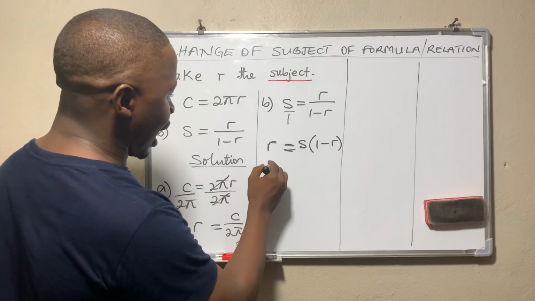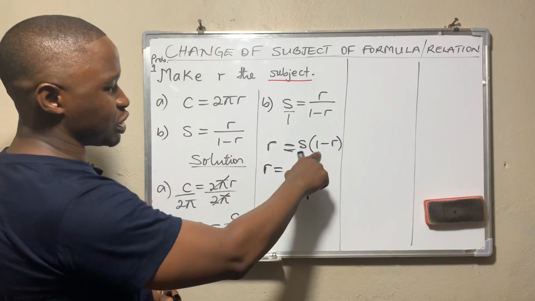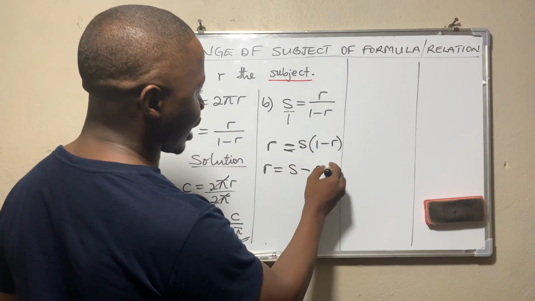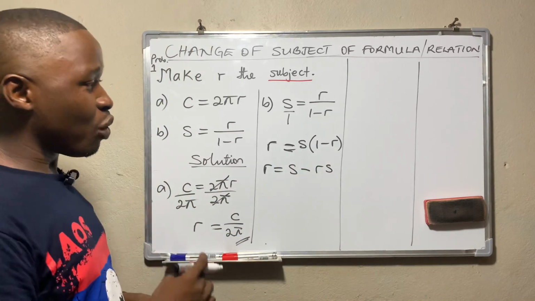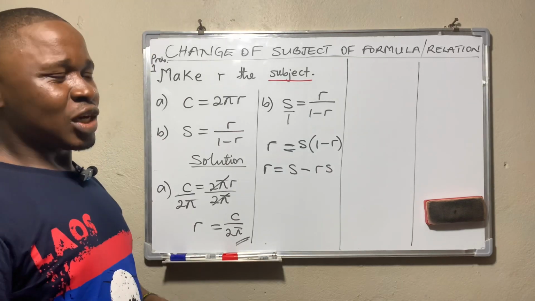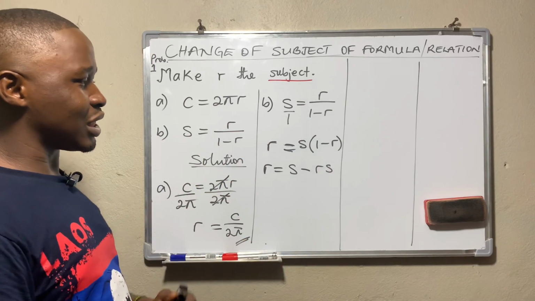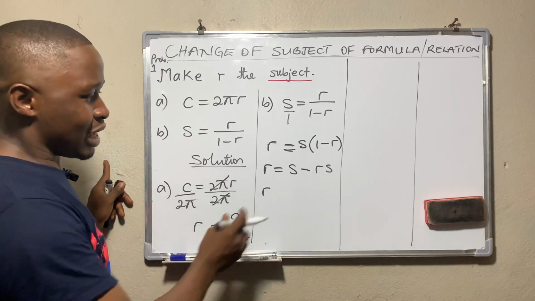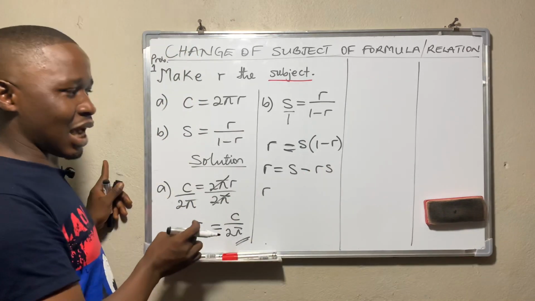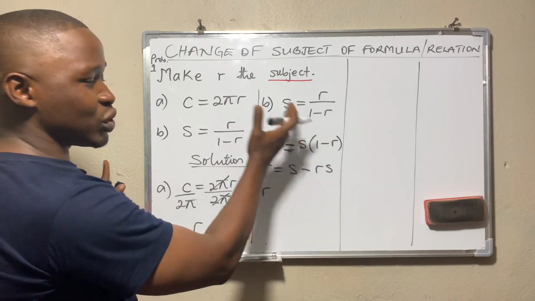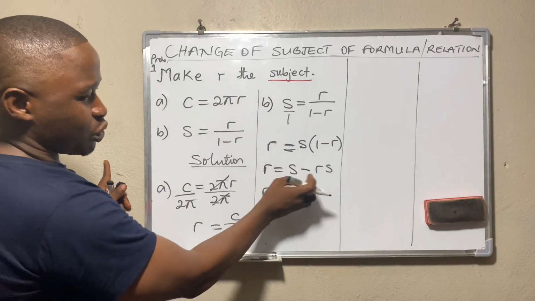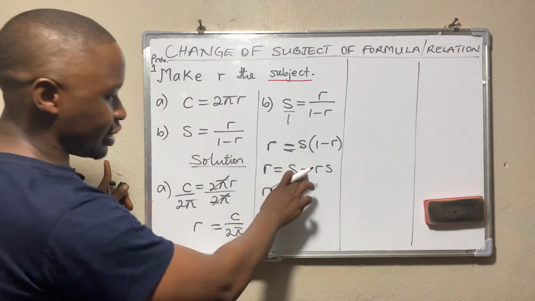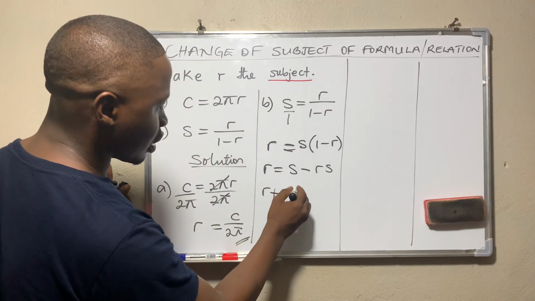So what do? Now we say r is equal to s multiplied by 1 is s, minus s multiplied by r is rs. We want to make r the subject. So we collect all the terms containing r. This is one of the terms that contains r. Here is another term that contains r. So what do? We move this one to the left hand side. So when this one comes, the sign changes to the opposite side. This minus becomes plus.